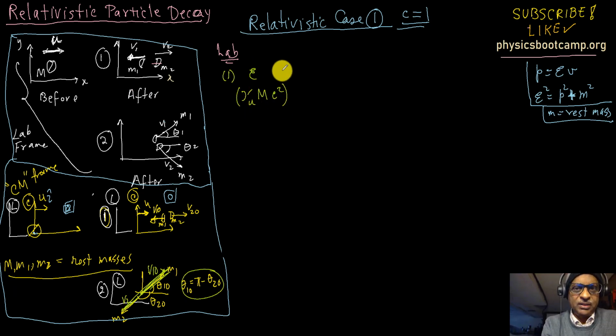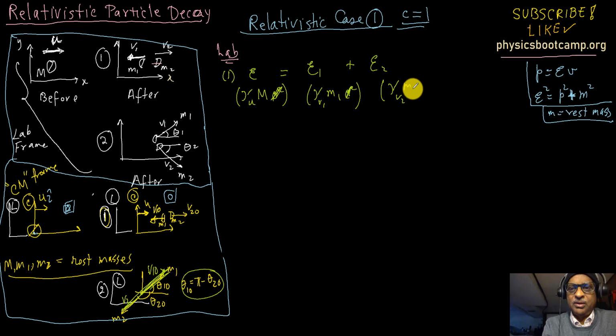That's what that will be. And so the energy of the other particle E1 will be gamma v1 m1 c square, and c is equal to 1, so I don't need that. Plus E2, and this will be gamma v2 m2.